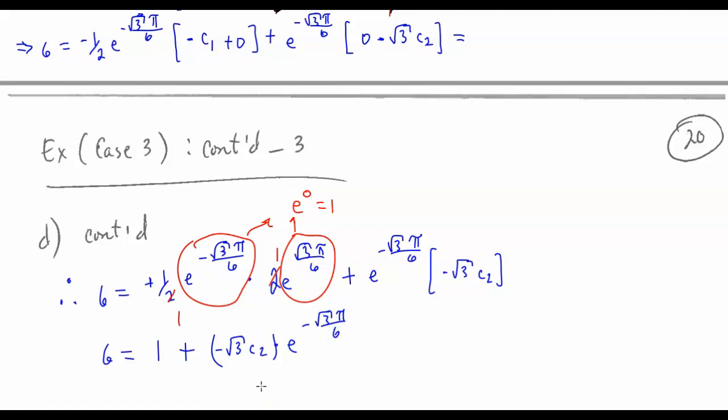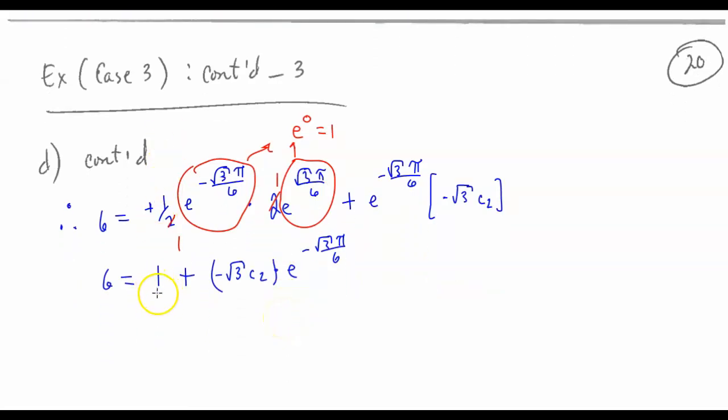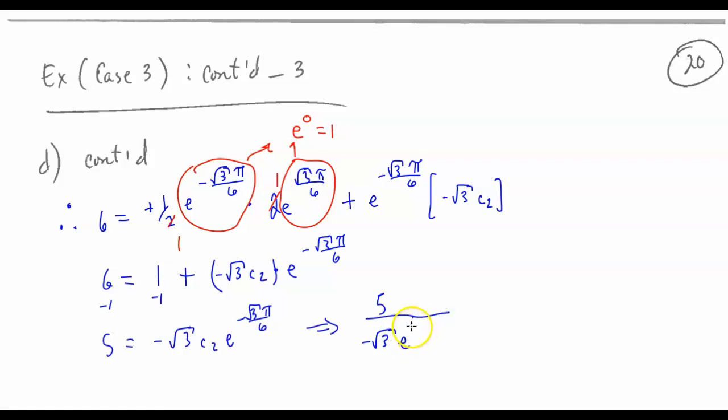And so now we're pretty much just solving for C2 at this point. So first thing that we want to do is subtract 1 from both sides. And so we'll get 5. Next thing that we want to do is divide both sides by everything other than C2. So this will be 5 divided by negative square root of 3 e raised to the negative square root of 3 pi divided by 6.